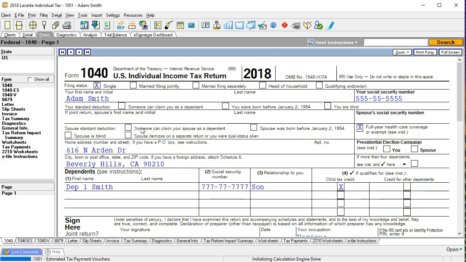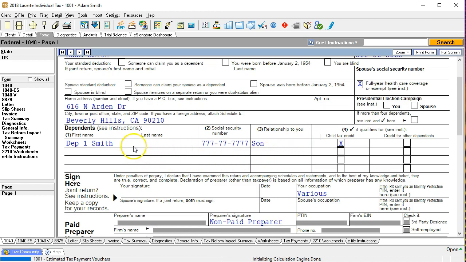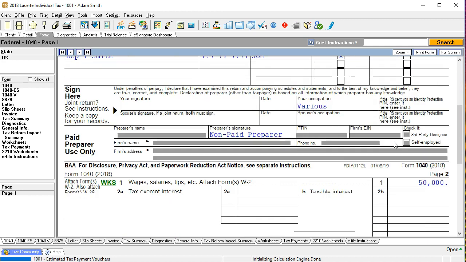Here we are on our test 1040 with our simple single individual. We have the single individual, Adam Smith, who has the mock Social Security number. We're starting off with the one dependent. So this is going to be our starting point. We have the one dependent, and we're saying that that dependent is checked off as the child tax credit box rather than the credit for other dependents, therefore qualified. We have the income.